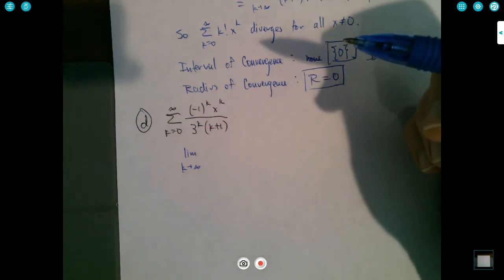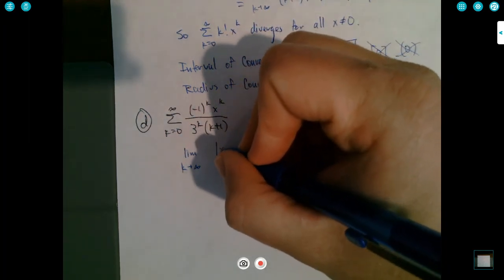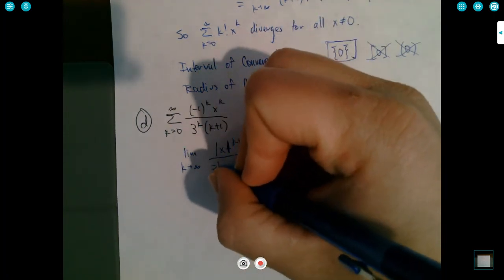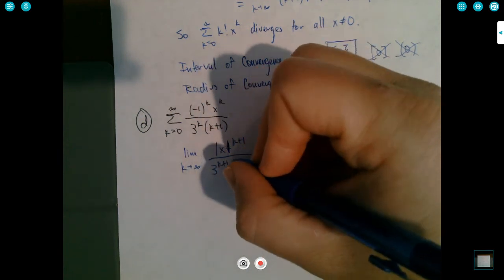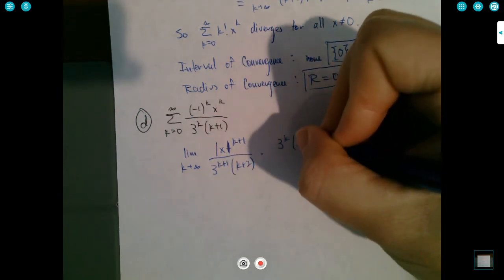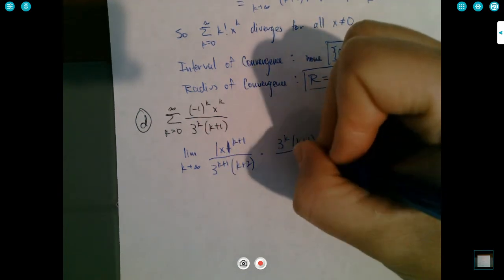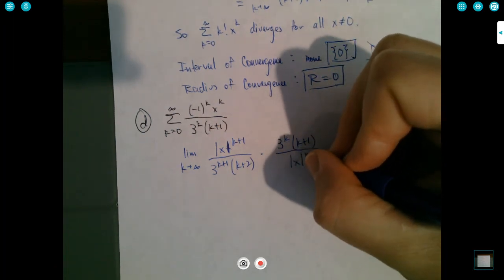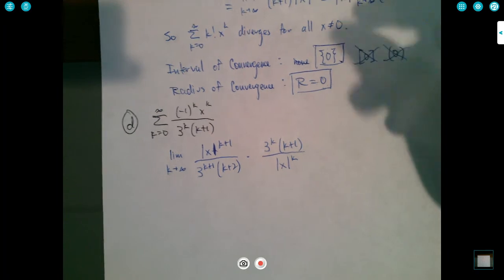I'm not going to worry about absolute values anywhere else, but this is going to be the absolute value of x to the k plus 1. I was about to add 1 in the wrong place, right? Over 3 to the k plus 1 times k plus 2, times 3 to the k times k plus 1 over the absolute value of x to the k.